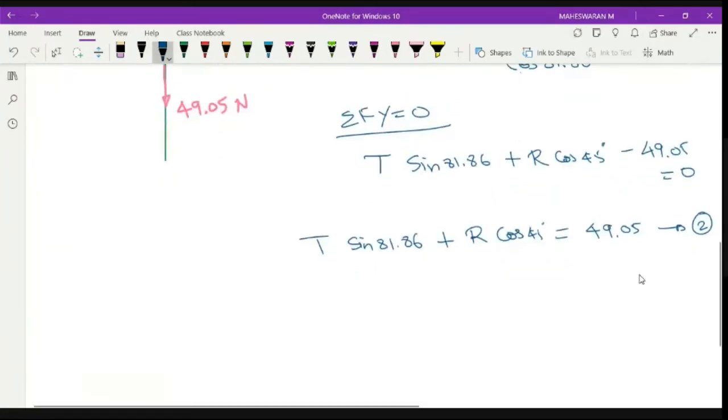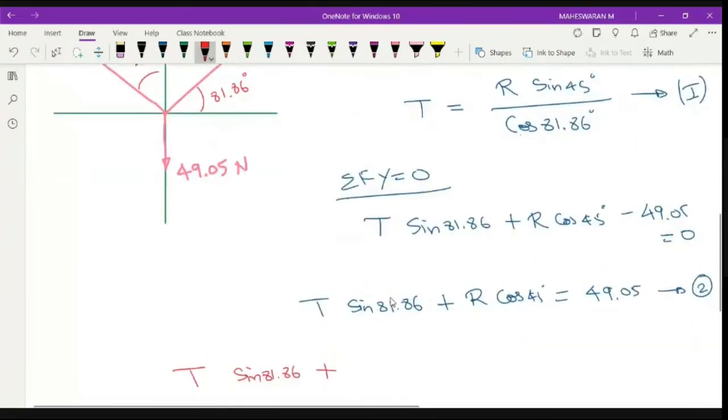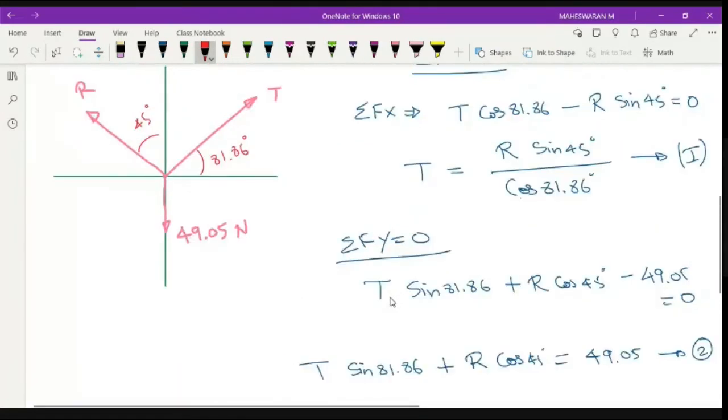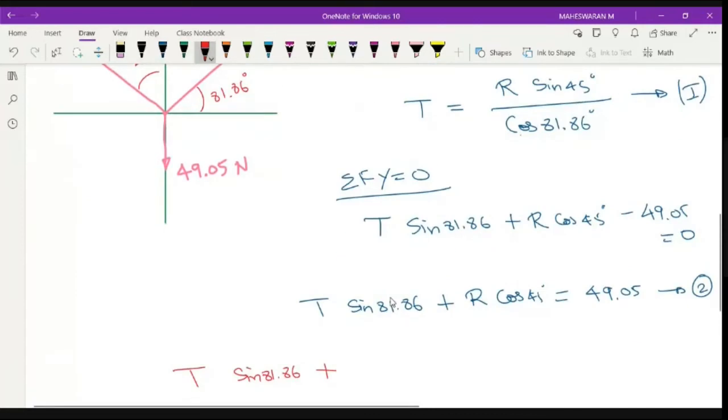Let me substitute 1 in 2. If you substitute, what will you get? T sine 81.86 plus R is nothing but, okay, sorry, I have done it in a different way. I want R in terms of T. In that case, I will write R as T cos 81.86 divided by sine 45.